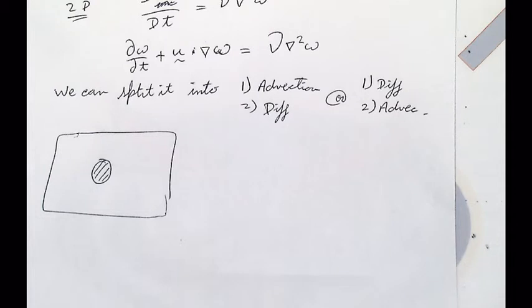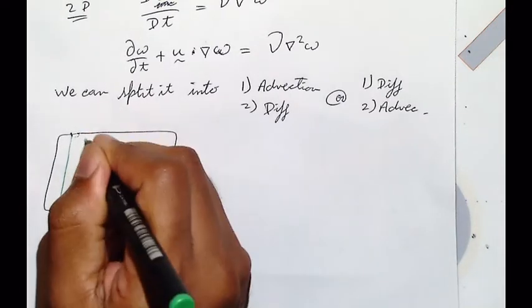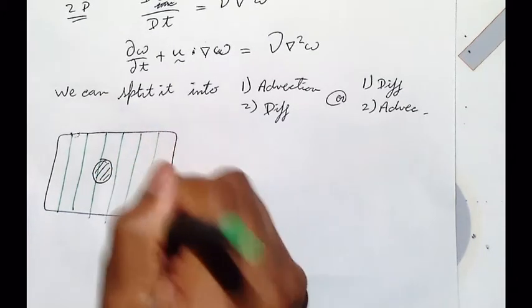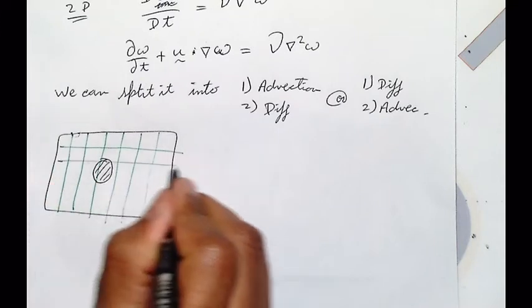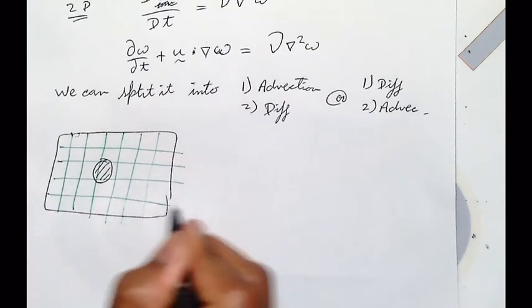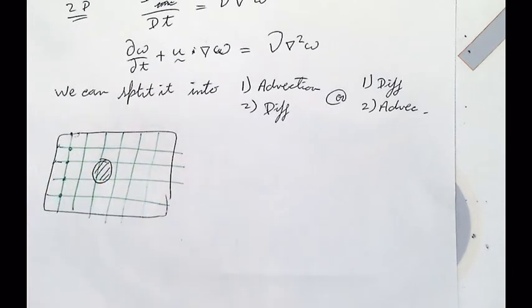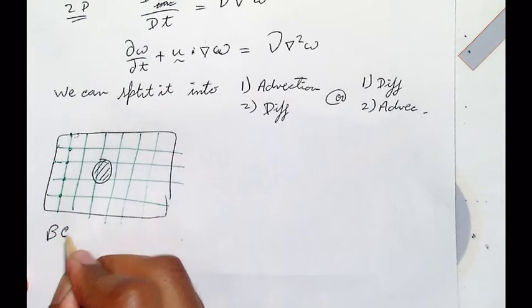Does this make sense, what I'm asking? First you set up the grid, right? So first you discretize the whole thing. Whenever we go from a PDE to a numerical calculation, first we have to create the grid. And then what do we do next? Boundary conditions and initial conditions.